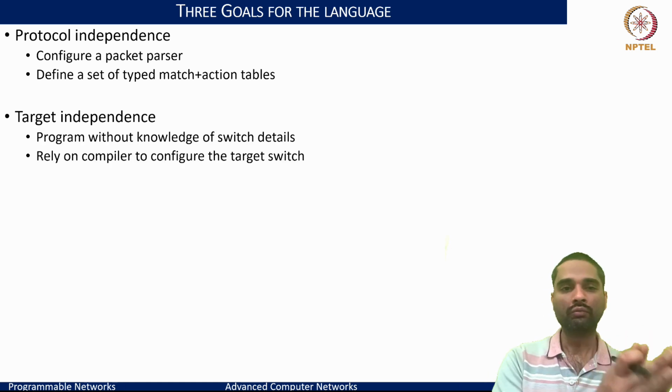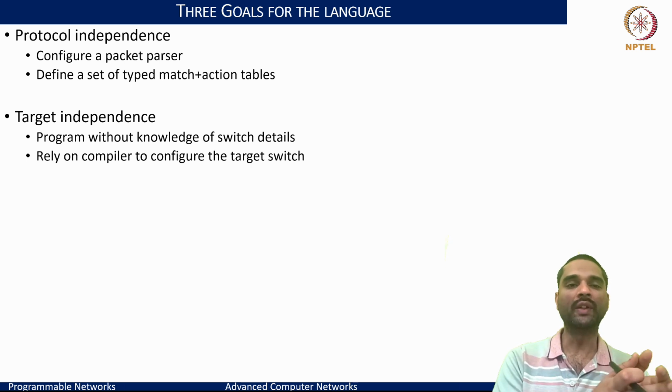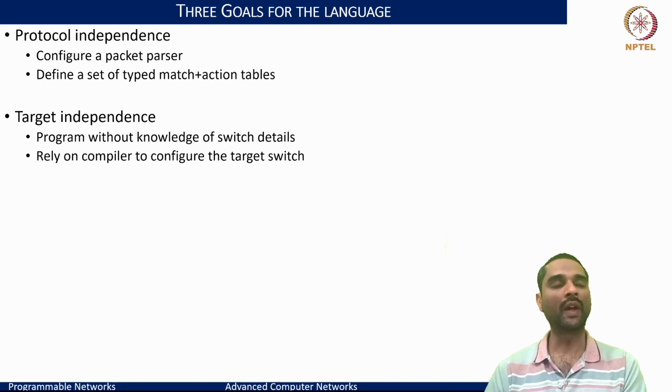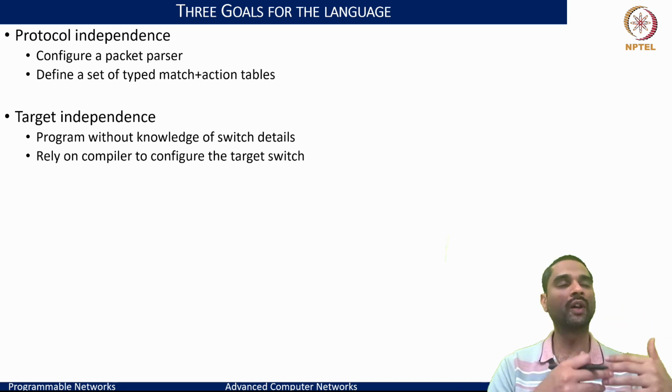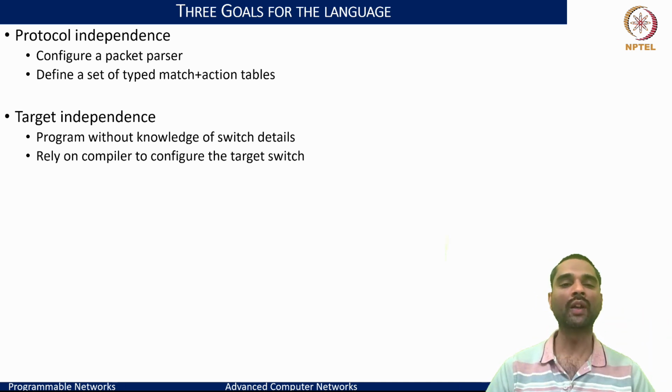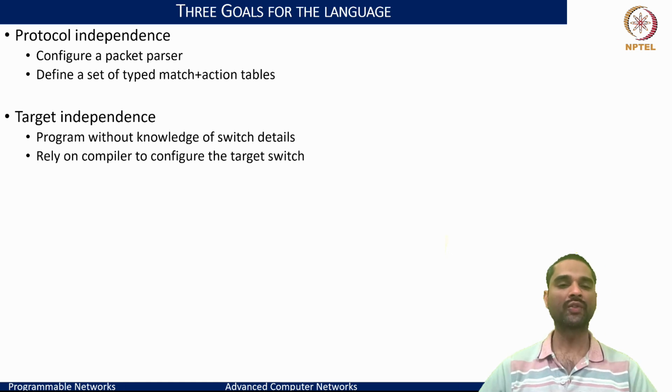Second, we want the target independence, wherein it doesn't matter what kind of the actual hardware constraints or configurations are. But when we want to program, we want to make sure that they are expressed in a target independent fashion, just as we express in a high-level language which is agnostic to the underlying hardware architecture or ISA.